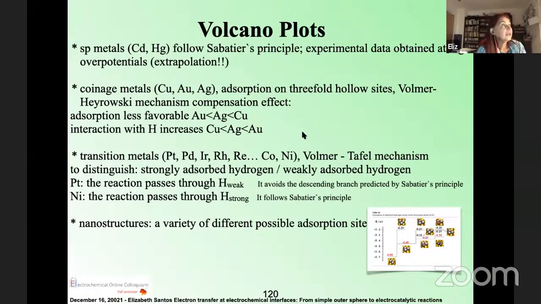In that case, we made a theoretical experiment: for example, for palladium, we put the lattice constant of gold. Then we have only palladium, but with the separation that we have on gold. And in that case, the activity is not the same as we have with the monolayer on gold.